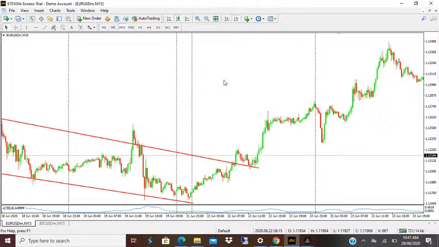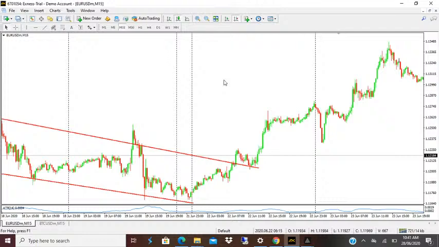Depending on your channel size, your range size, and your trend, the market extends the volatility in terms of a stop hunt.